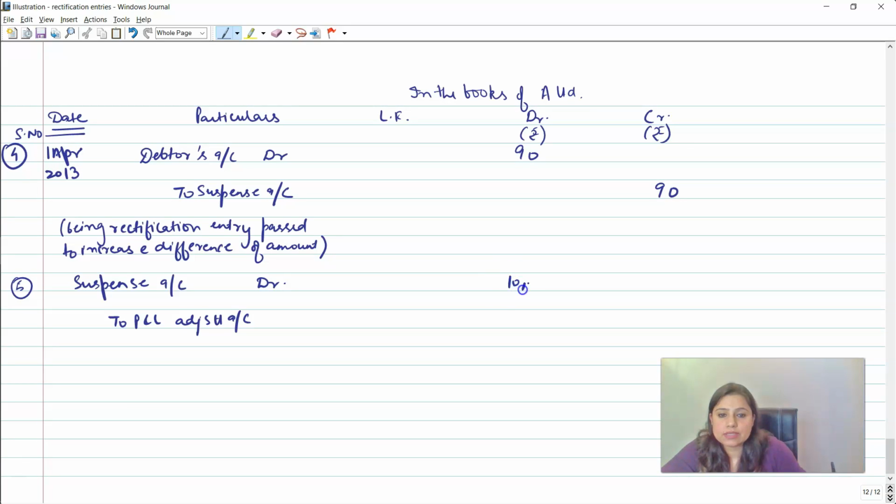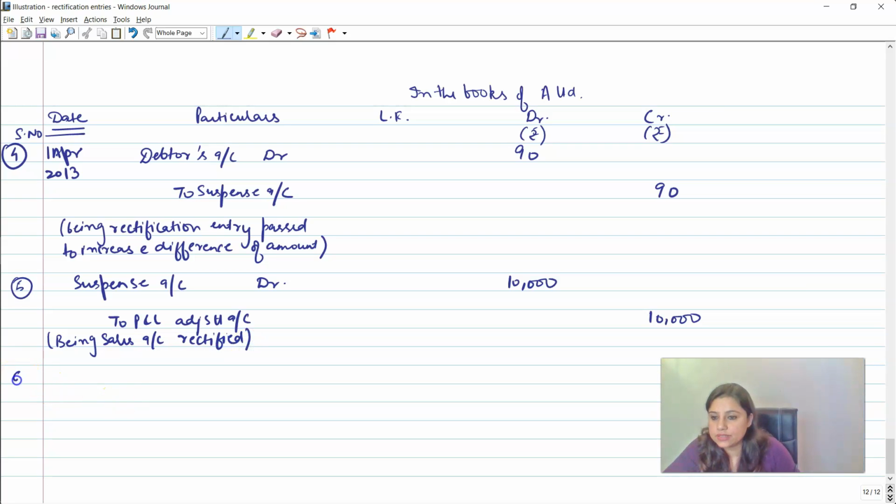Amount going to be 10,000. Being sales account rectified.